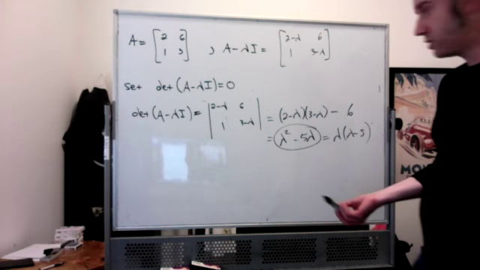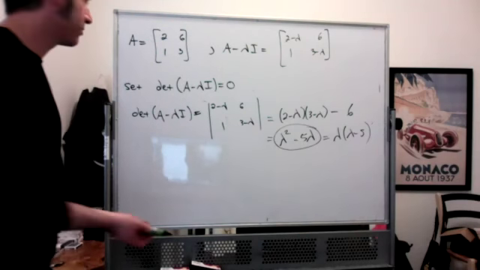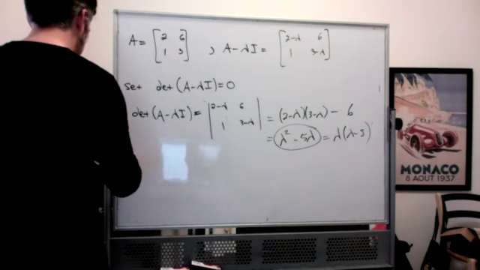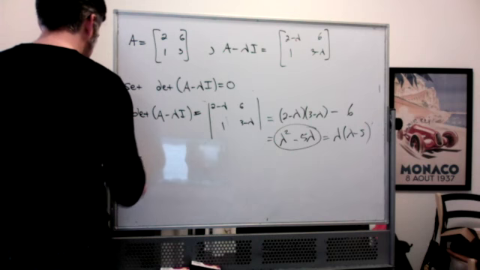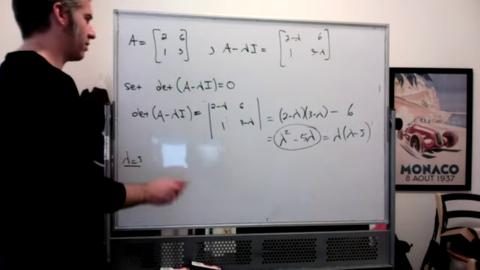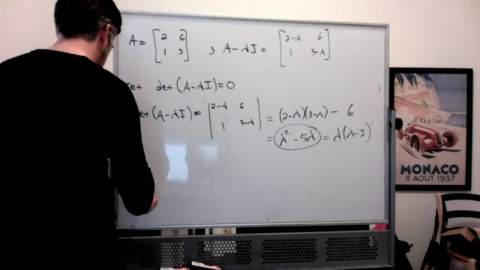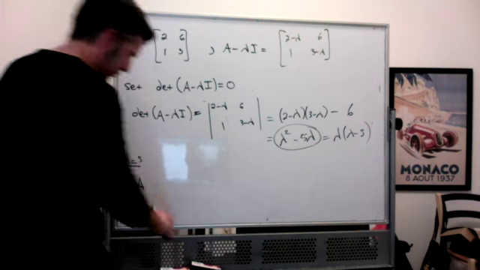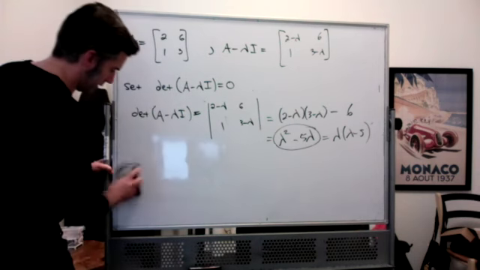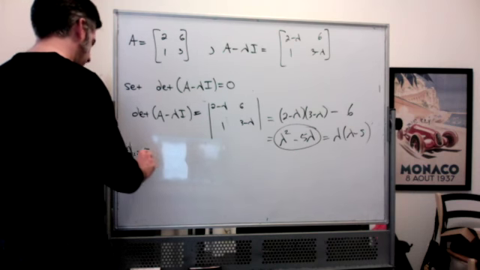So let's go ahead and find the eigenvectors. If we set lambda equal to 5, let's go with notation. Usually we call our eigenvalues lambda 1 and lambda 2.